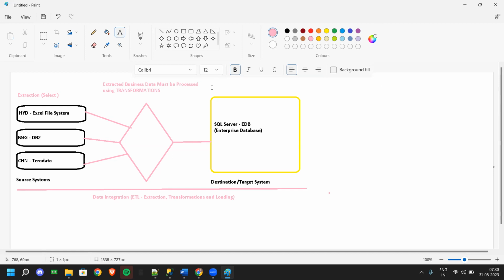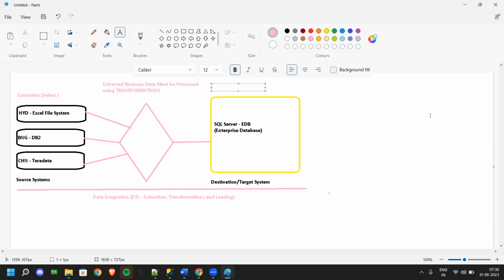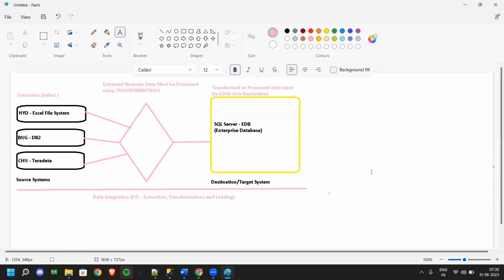Finally, the transformed or processed data must be loaded into the destination system, right?